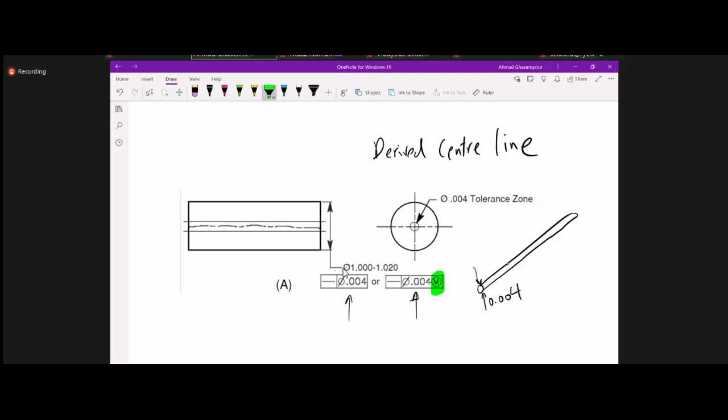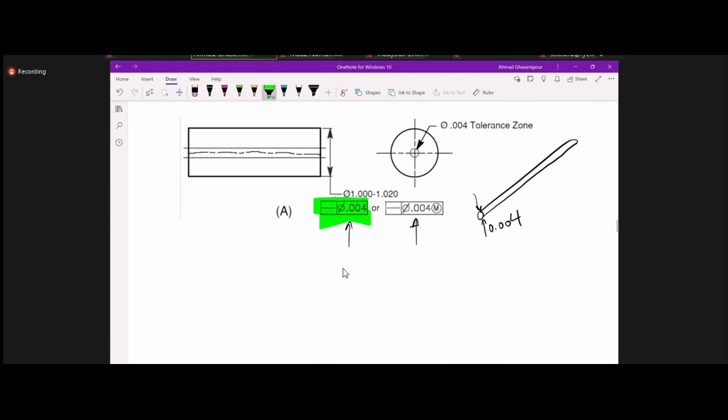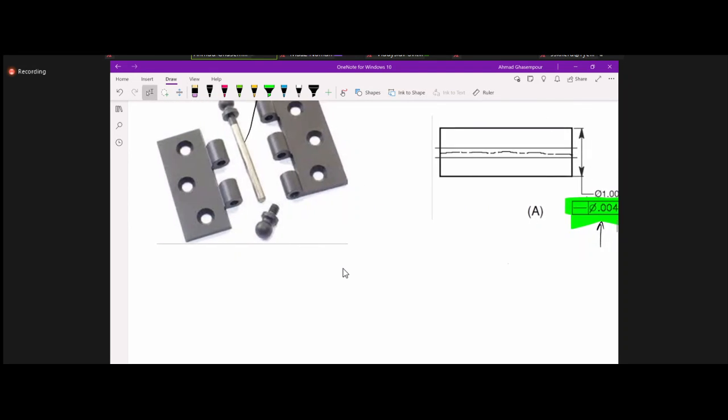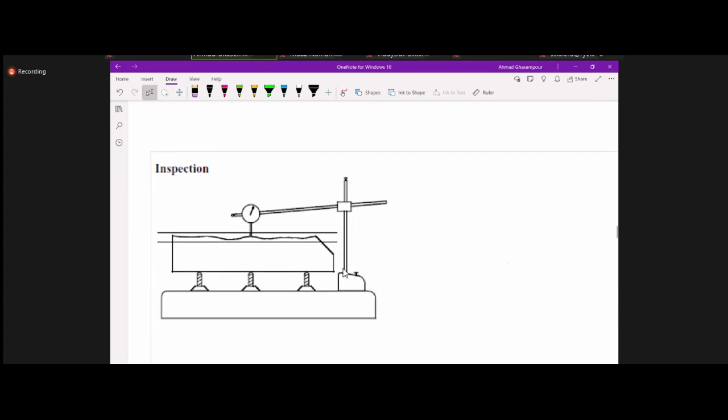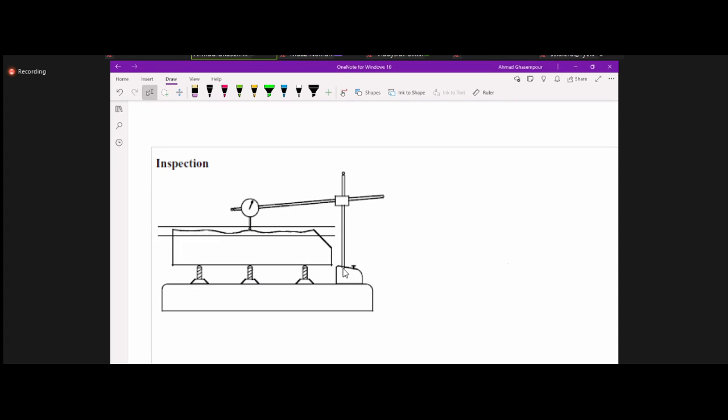But if you don't have it, in a case like this, which is regardless of feature size, you have to actually inspect or measure parts one by one, right? So this tells you the difficulty of measuring straightness.